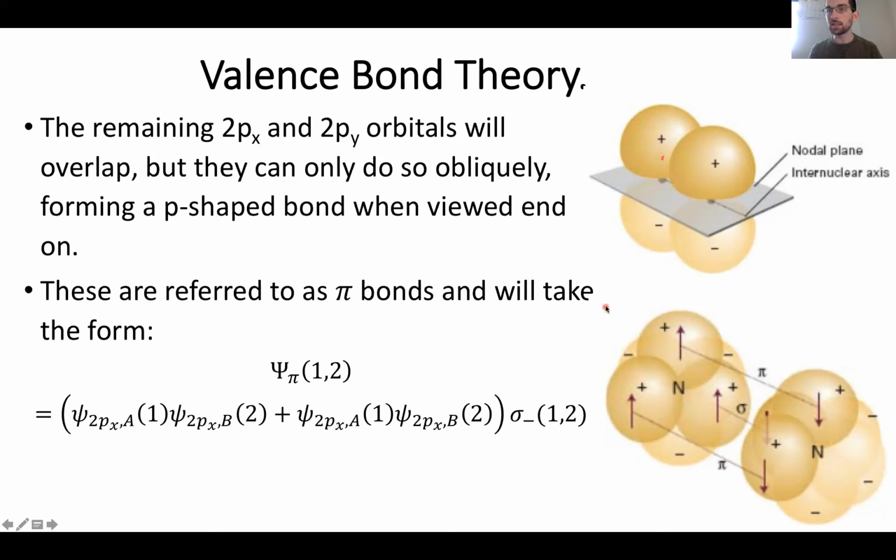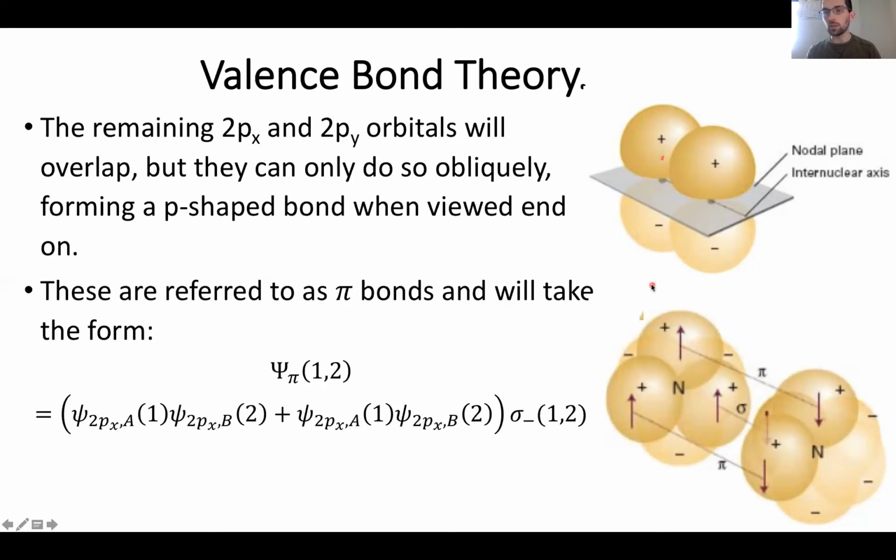But again, because I need to satisfy Pauli, it means that if the orbitals are lined up, then the spins have to be counter-aligned or asymmetric. So we end up with spin pairing, up electron with down electron and down electron with up electron. And so we can have one pi bond in the x direction and one in the y.